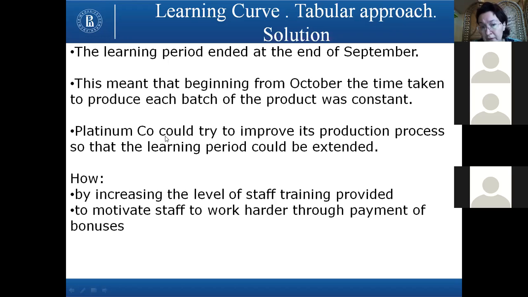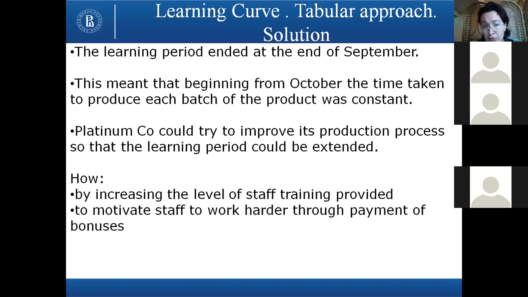The platinum company could try to improve its production process by using the following actions. As you remember, we are required to explain the situation and to analyze how we could improve it, and we can improve the production process.